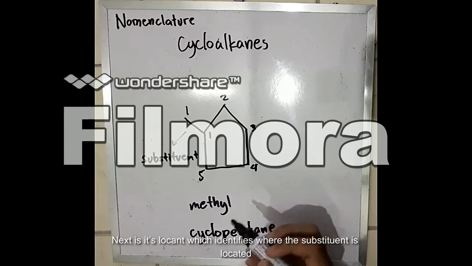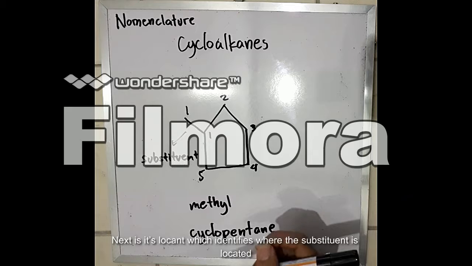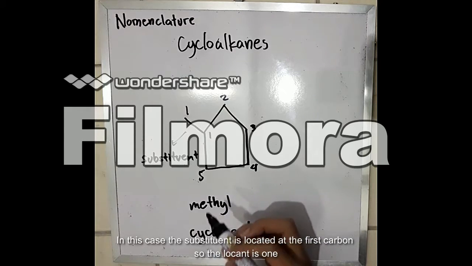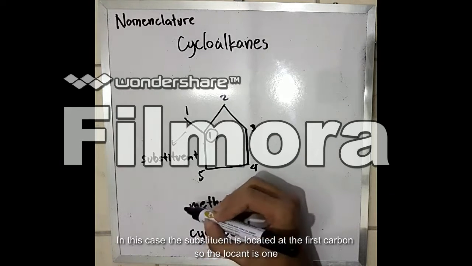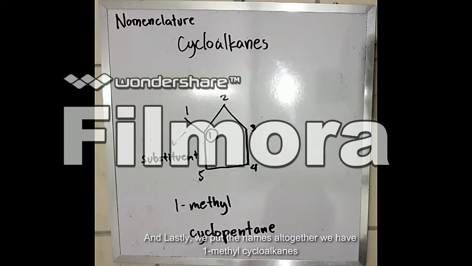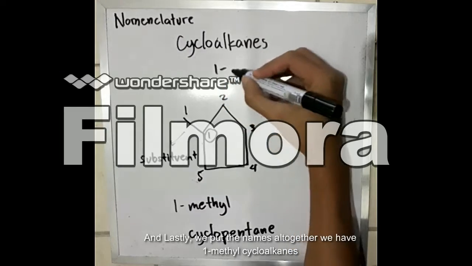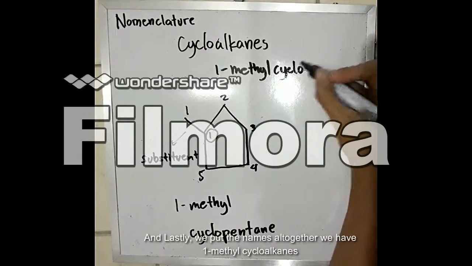Next is its locant, which identifies where the substituent is located. In this case, the substituent is located at the first carbon, so the locant is 1. And lastly, we put all the names together. We have 1-methylcyclopentane.